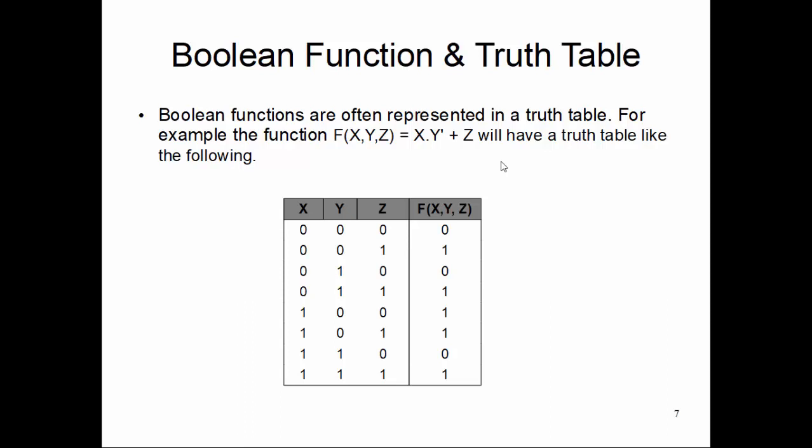Now why do we want to do that? Once we come up with a Boolean expression from a truth table, like for this example here, x and y bar or z, then just take it for granted that there are electronic components which can perform the AND operation between two Boolean variables, the inversion operation on one Boolean variable, and the OR operation between two Boolean variables or terms.